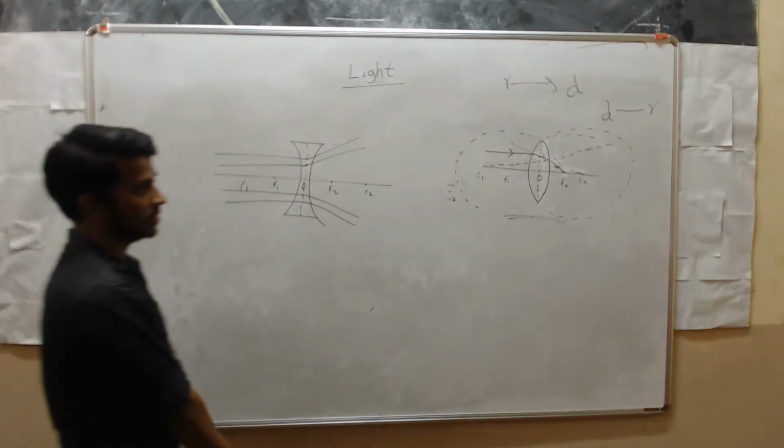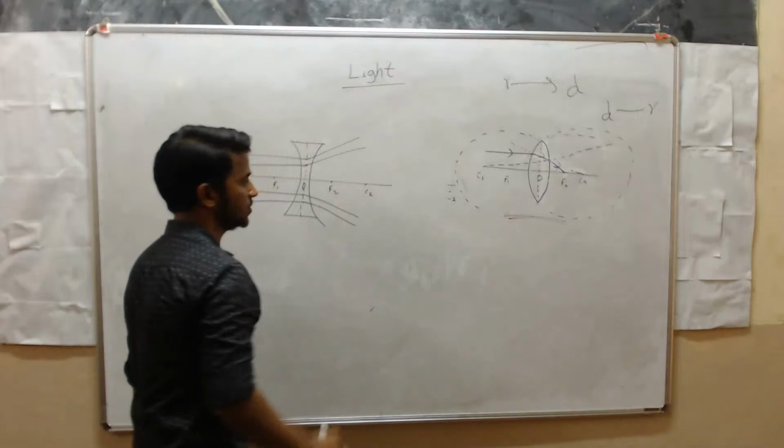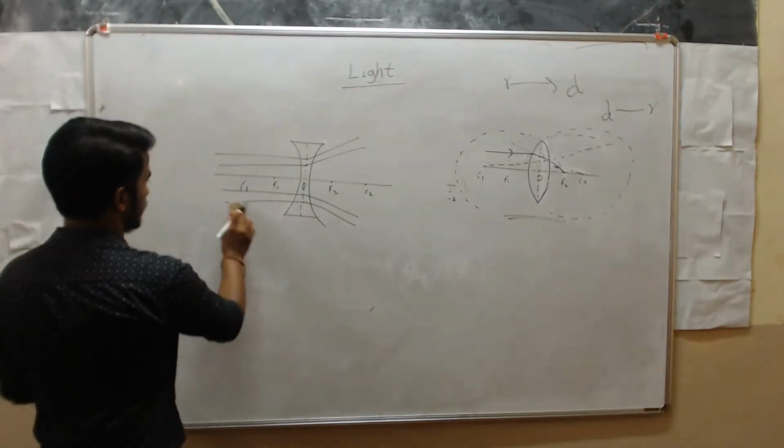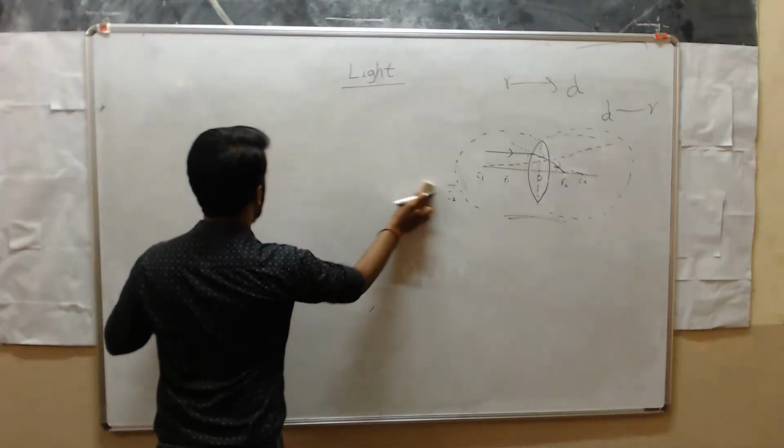Here the rays converge and here the rays diverge. Now we will see why the rays diverge in a concave lens.